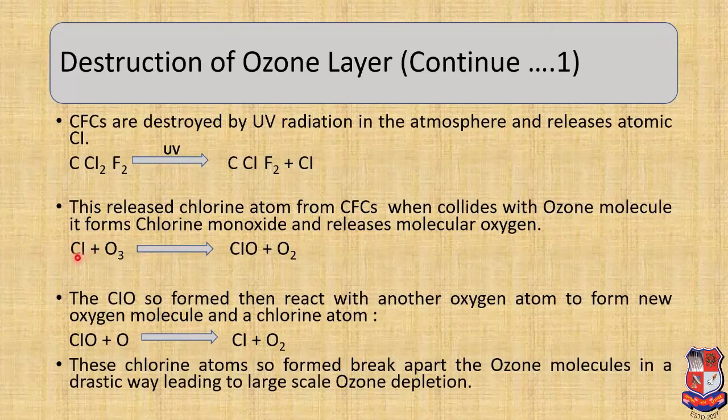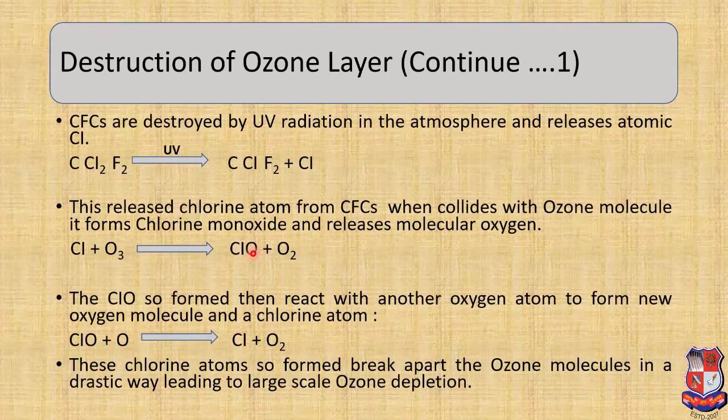You can see here in this equation that this released chlorine collides with ozone and forms chlorine monoxide and releases molecular oxygen. Now the chlorine monoxide so formed then reacts with another oxygen atom to form a new oxygen molecule and a chlorine atom.